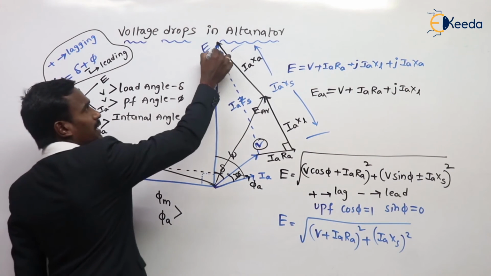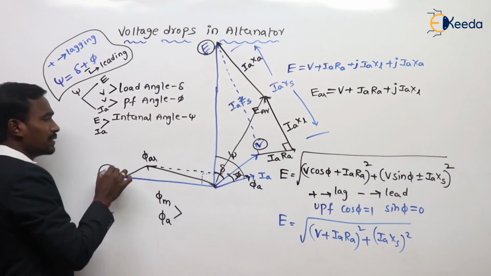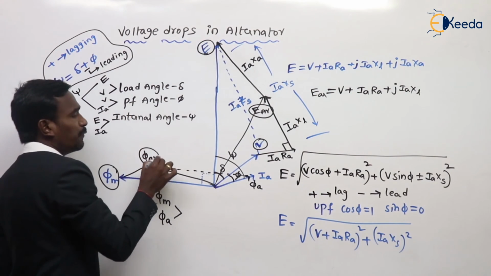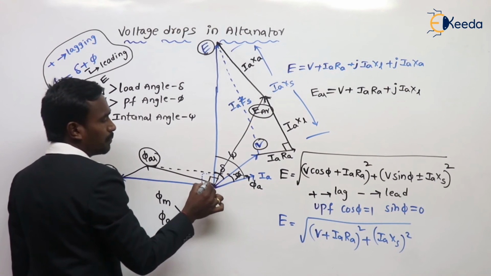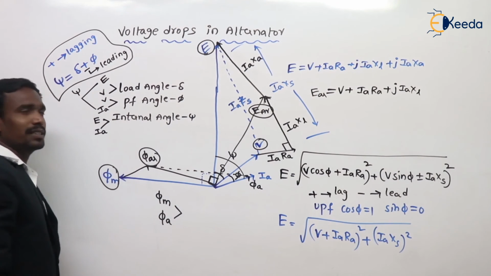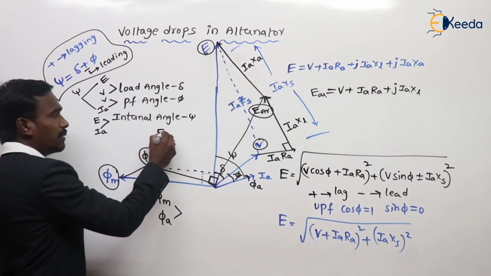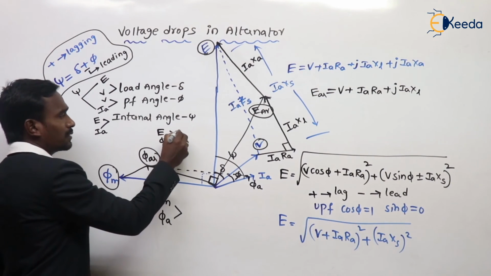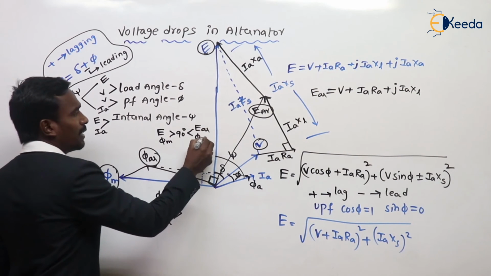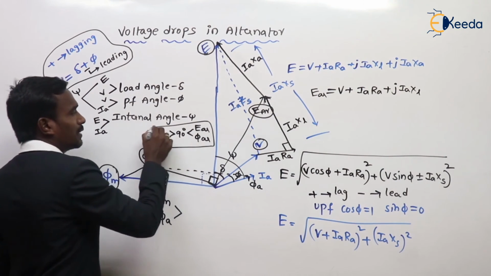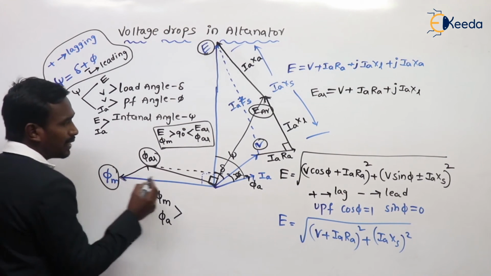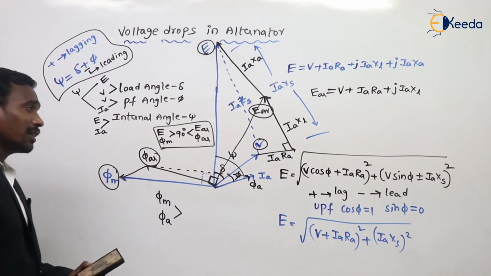Here actually the EMF and main field flux are displaced by 90 degrees, and the air gap EMF and air gap flux are also displaced by 90 degrees. But I asked what is the angle between main field flux and armature flux. Can you tell me?